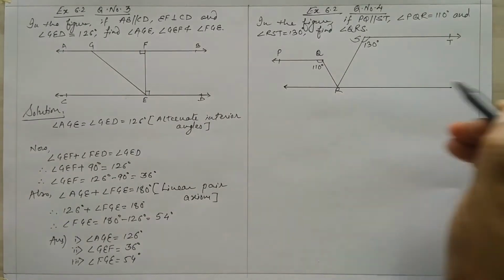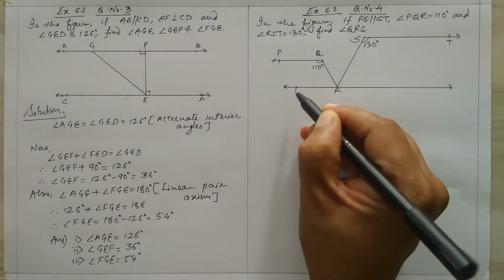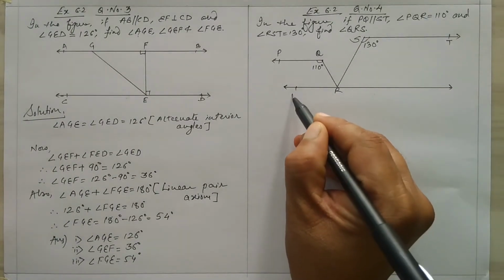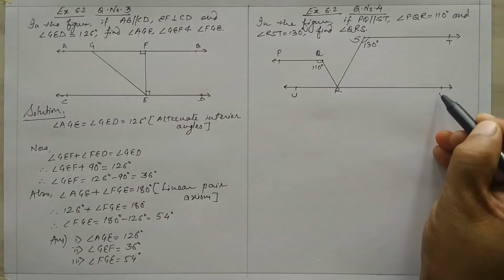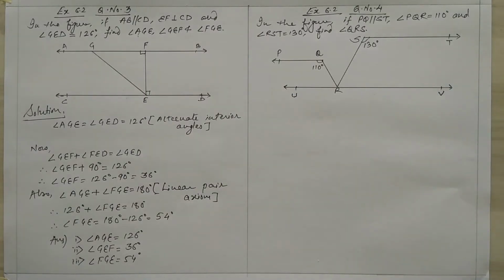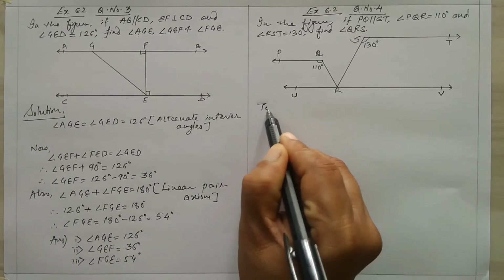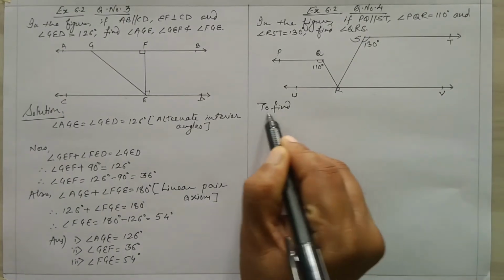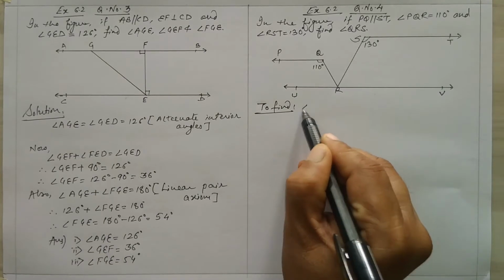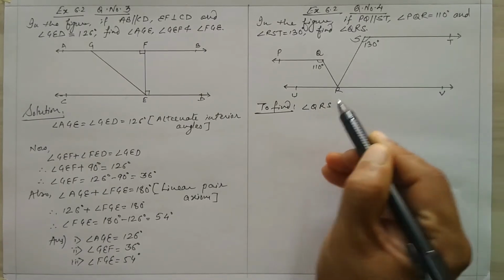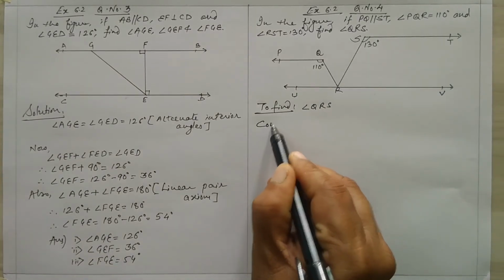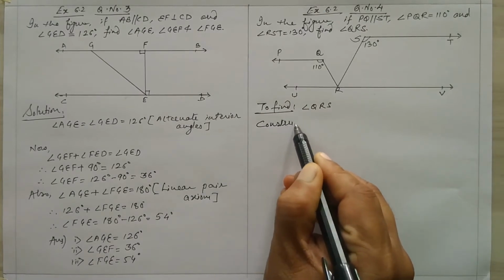Let us see. We can call this as PQRST. You can call this as UV. So here it is to find angle QRS. So here hint is given and they have asked us to construct.